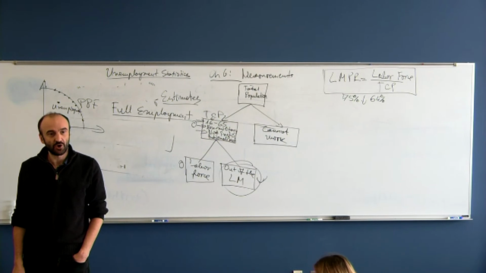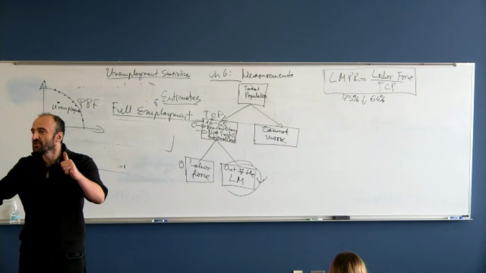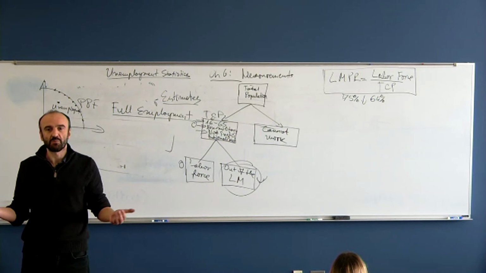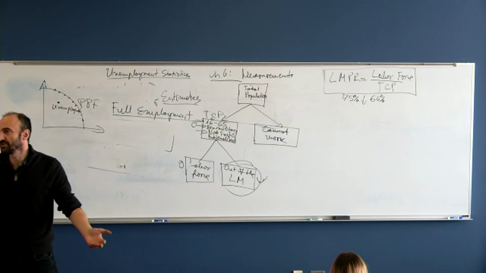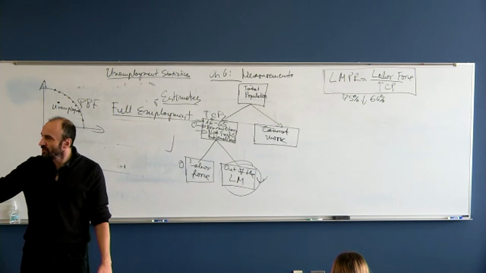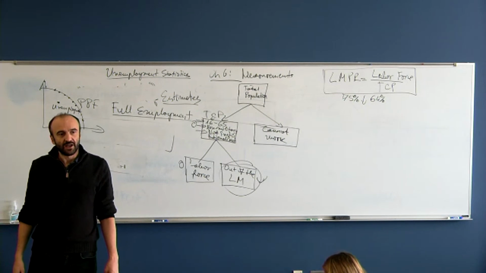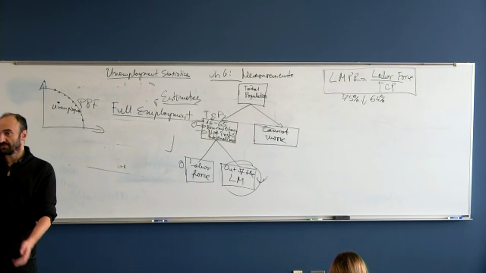Even if you have a very good economy, at least first somebody will be losing a job. Even in a very good economy, some companies will go bankrupt and somebody will lose. There is nothing perfect in this world. But even if you assume that away, there is another aspect here that people will be switching jobs.